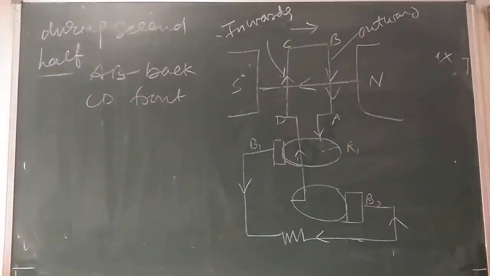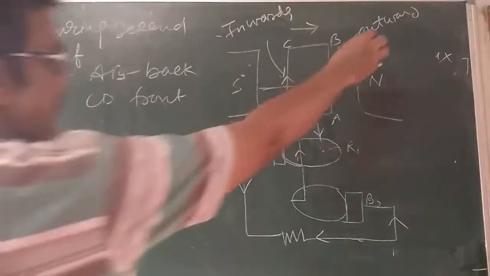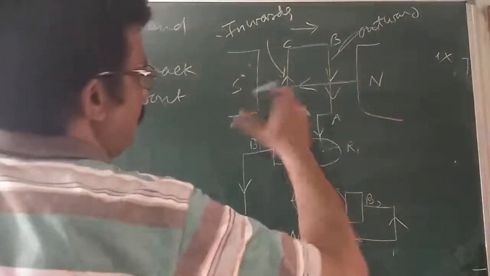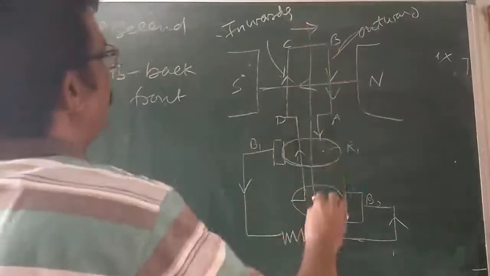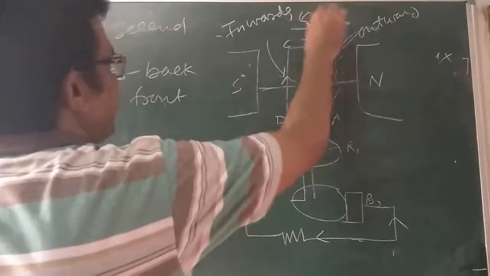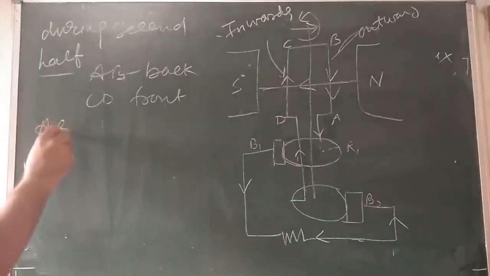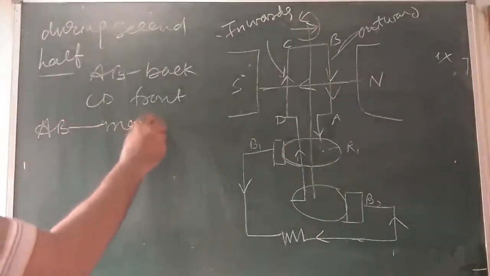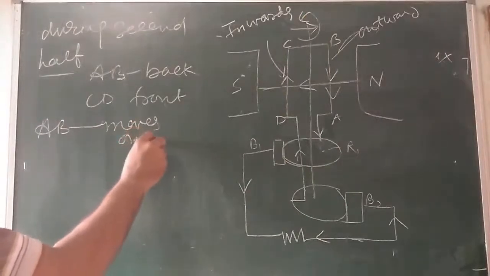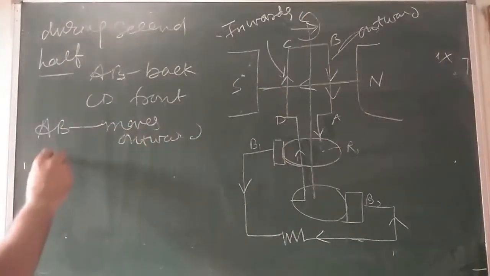So on rotation, AB moves outwards. Here you can see it is going outward. The axis of rotation of the coil is something like this. So I can say AB moves outwards, and CD moves inwards.